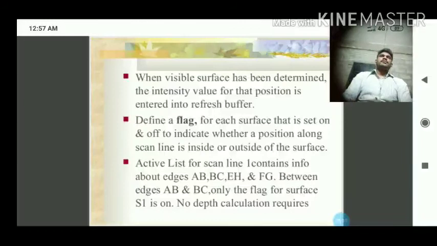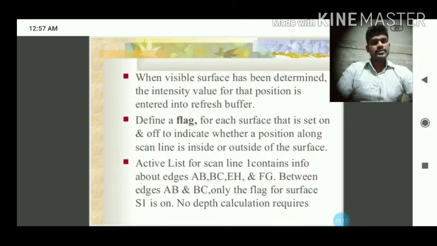These are the two methods. Many methods are there, as I told, but these are the two important methods that we use for hidden surface removal or visible surface detection.